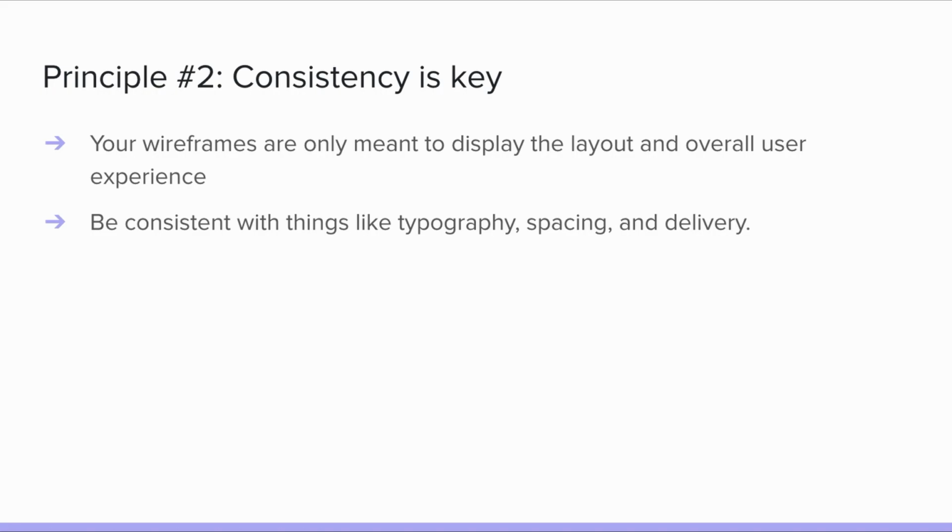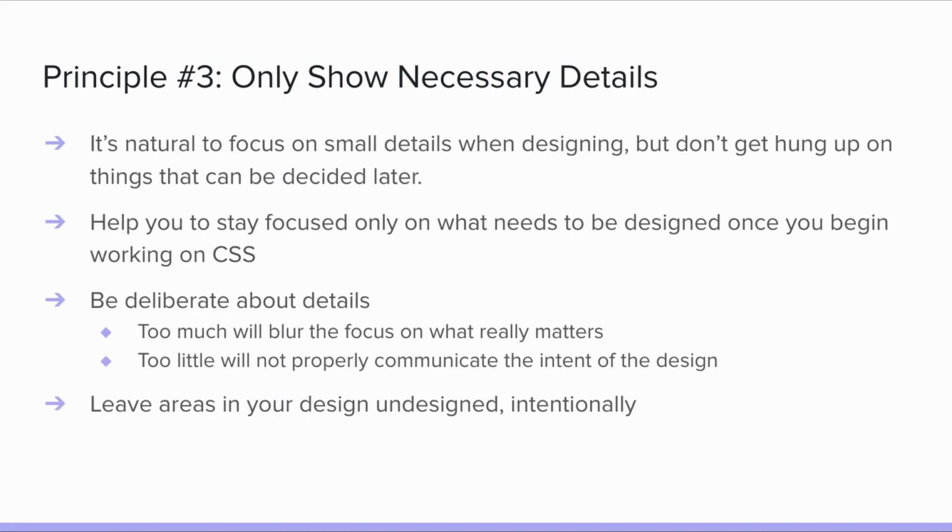The designer, who is you later in the future, will design the fonts later on, so you don't need to show that in the wireframe. You just have to show the spacing it will take up and maybe the content that you will display. But usually the content will just be placeholders, and then we can determine the content later.